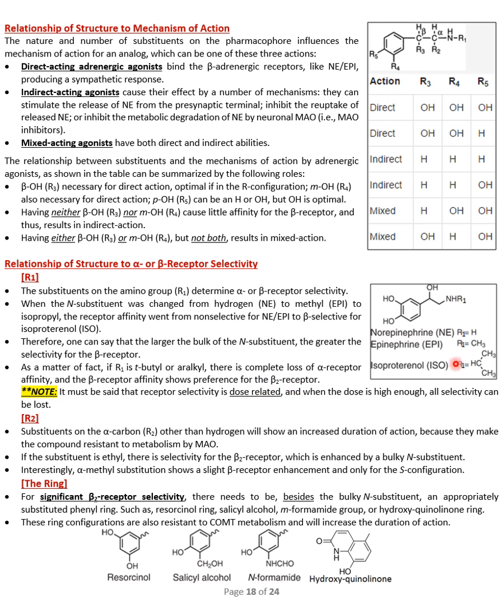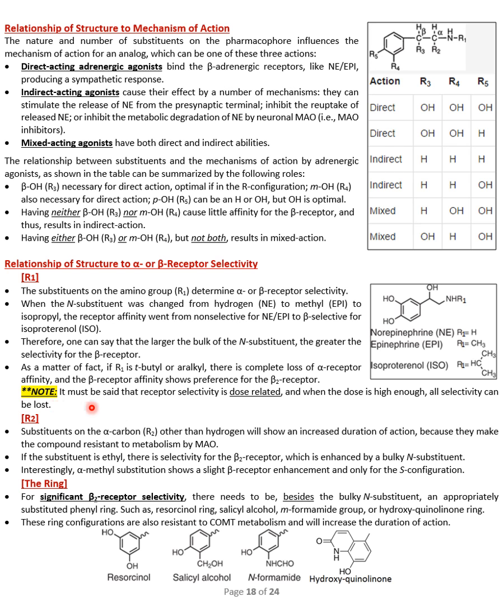So by increasing the bulkiness of R1, we move from non-selective to beta selective and further to beta 2 receptor selective. We will see that in the examples of the drugs we will talk about.